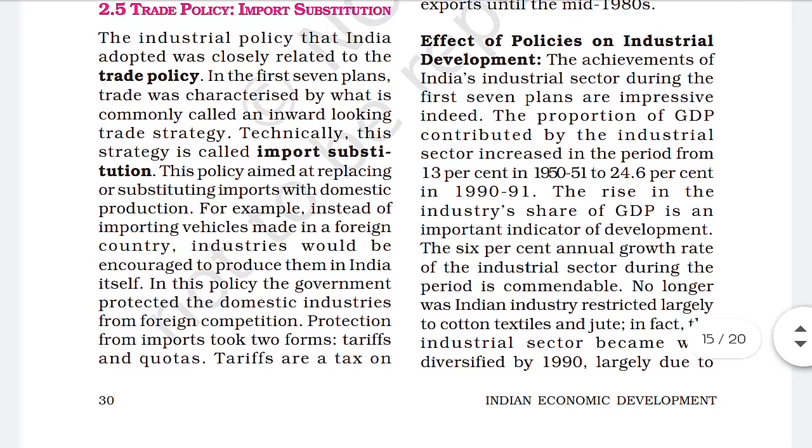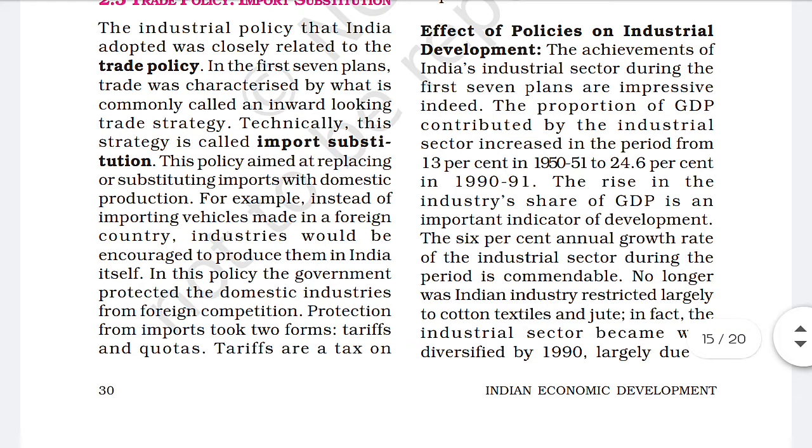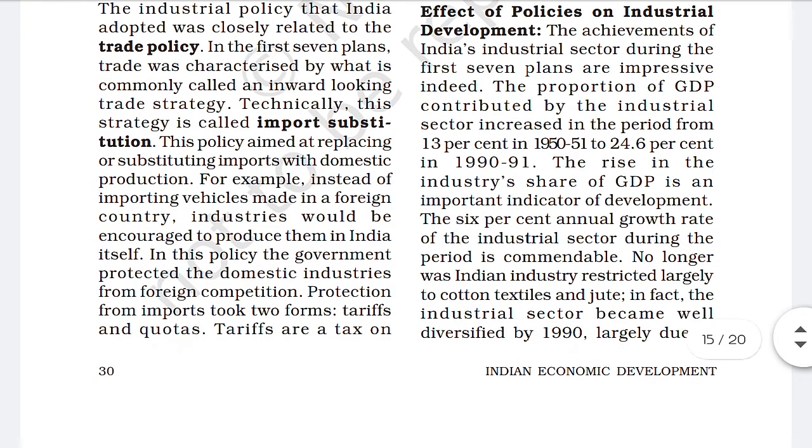In the tariff policy, the government charges a higher rate of import duty on the goods that are imported from foreign countries. This is done because India doesn't want to consume more goods of foreign countries, and it doesn't want to expend the foreign exchange reserve.